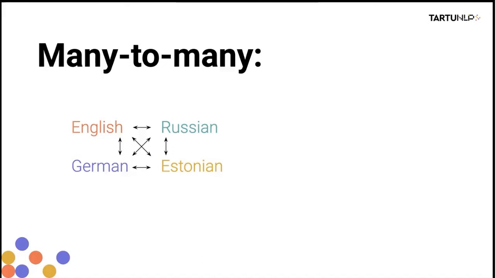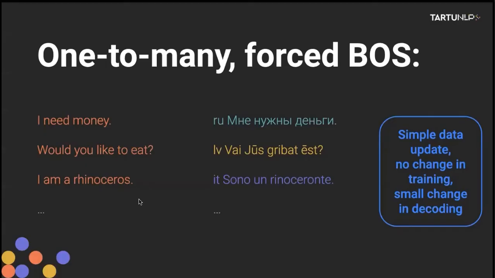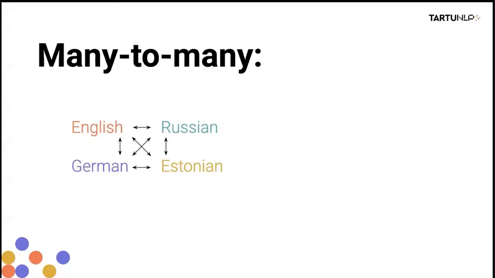So this is easy. You just do the same thing as you do with one-to-many. You pass the input language, whatever the language is, so English, German, Estonian, Italian, Japanese, Hebrew, or whatever, and you pick either the forcing of beginning of sentence tokens or the parameterization through the encoder for specifying the output language.